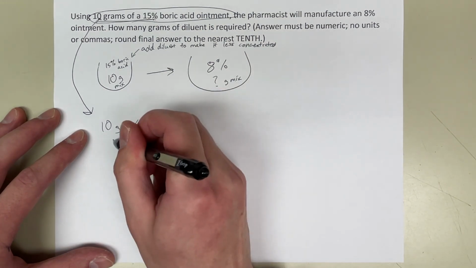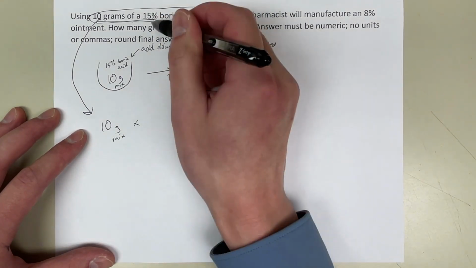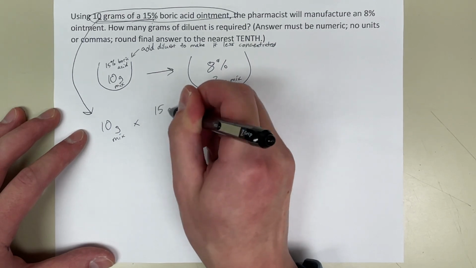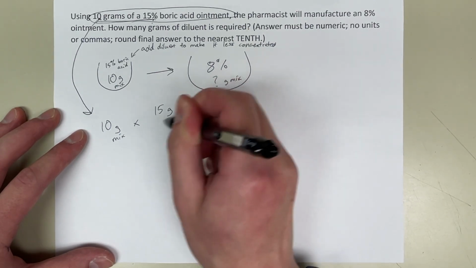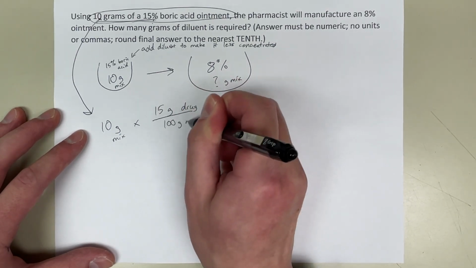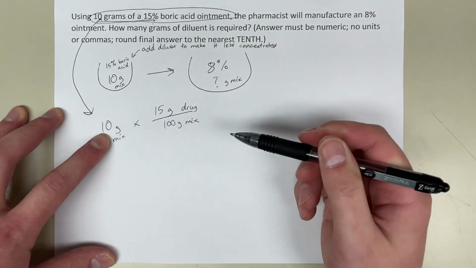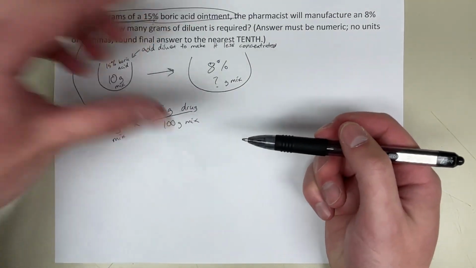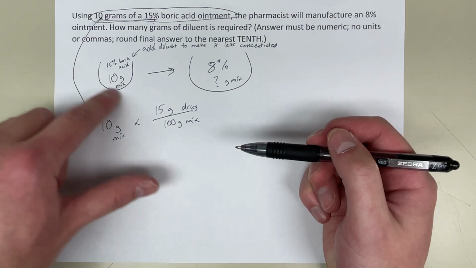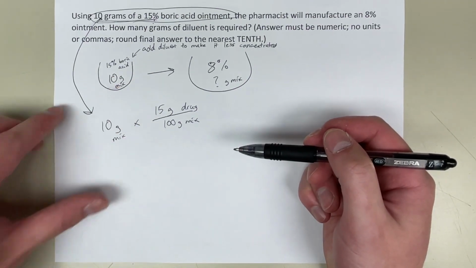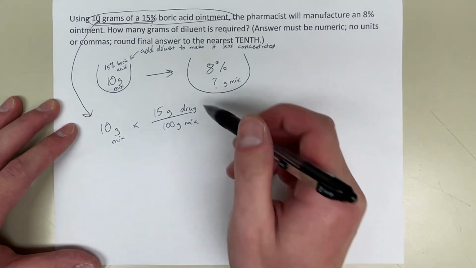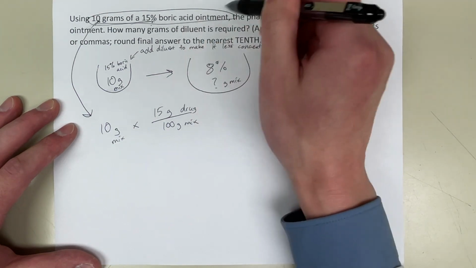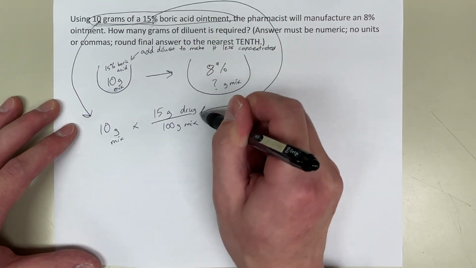This is 10 grams of mix, by the way. Multiply it by the percent strength, which is 15 grams of drug over 100 grams of mix. I know this is 10 grams of mix because this represents the whole thing, everything inside this bucket here, 10 grams. And then this 15% boric acid, 15% here.